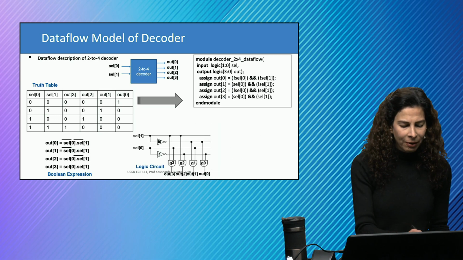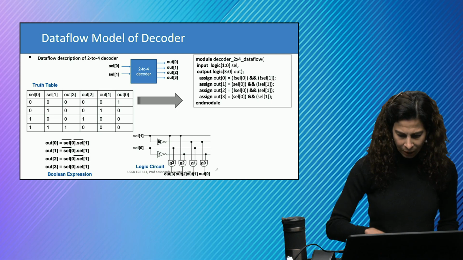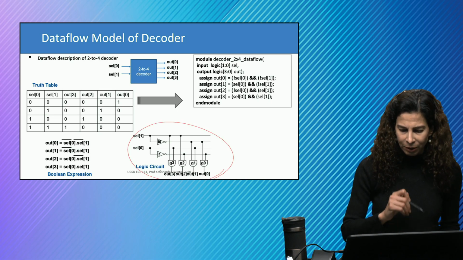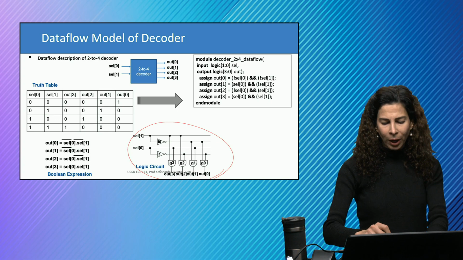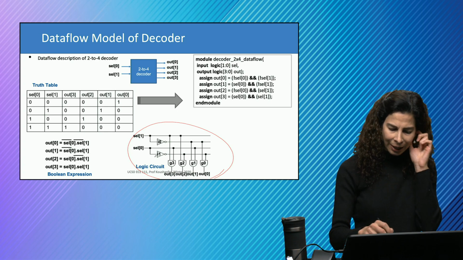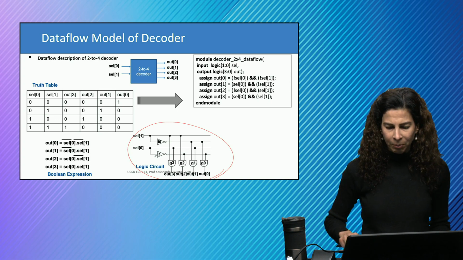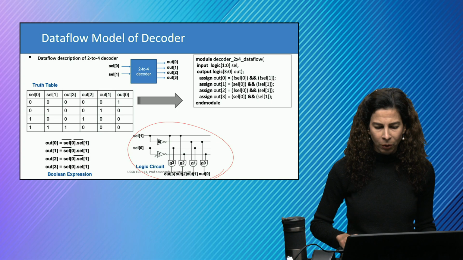Once we have the Boolean logic, we could design the logic circuit, and then write line by line how the logic expressions look in a module at the data flow level.